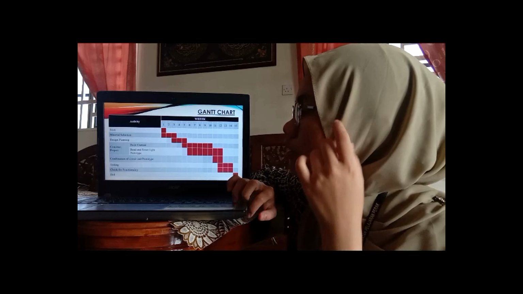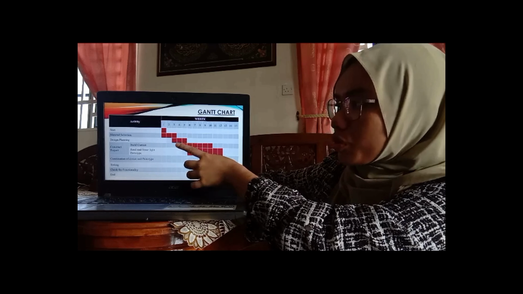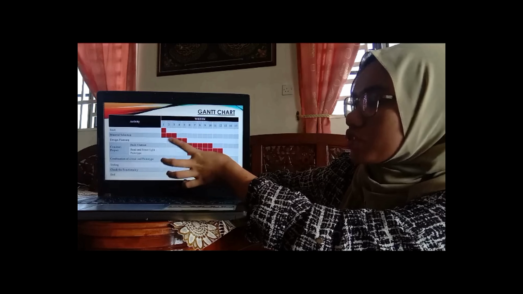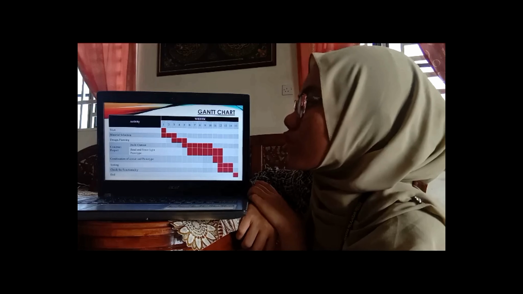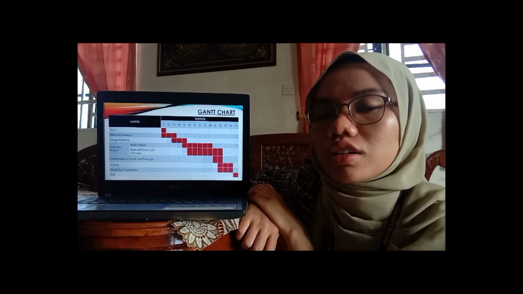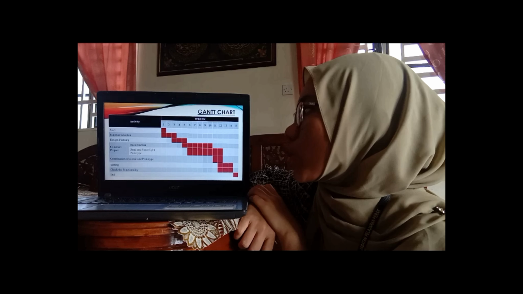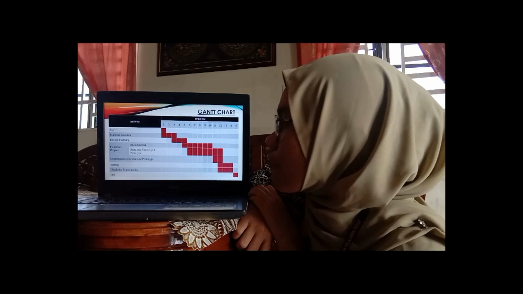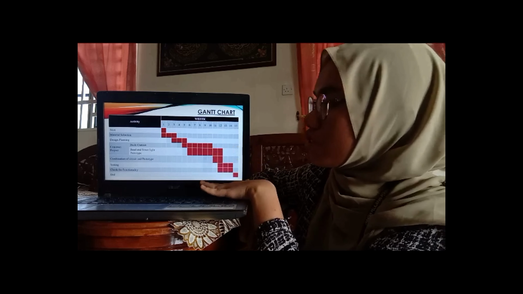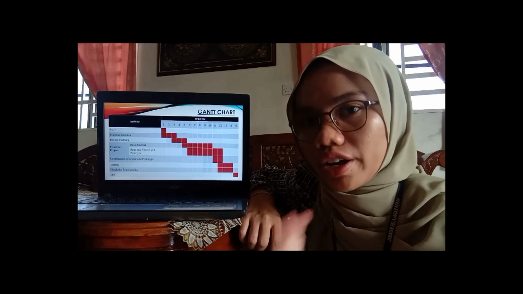And then we continue with design planning starting from the third week, which is combined with the material selection. Design planning will take us at least 3 weeks, which is until week 5, which is here. And then we are going to continue with the rest of the project.